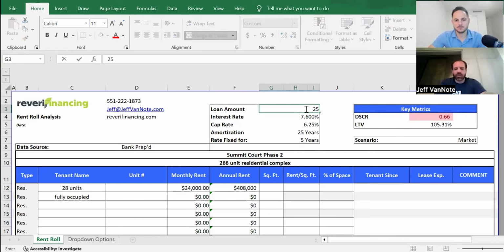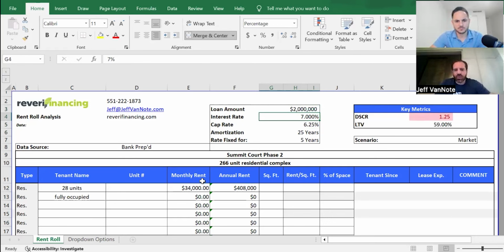So now we have to play around with this number to see where this pencils out based on its current cash flow, which obviously is underperforming. You could argue that as of today, you would have to bring about $2.2 million to the table in order to meet this 1.25 DSCR requirement, right?